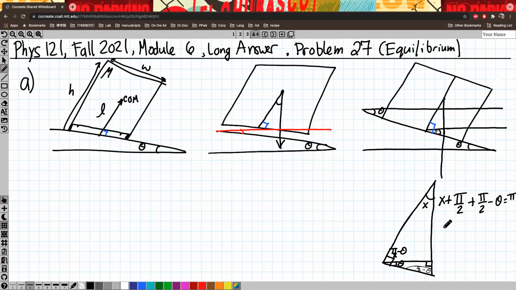We have pi is equal to pi over 2 plus pi over 2 minus theta. Okay, there we go. So therefore, that proves it's theta.